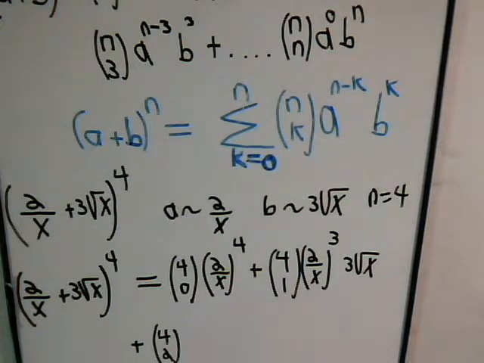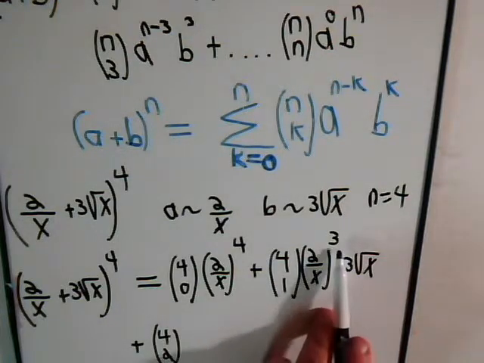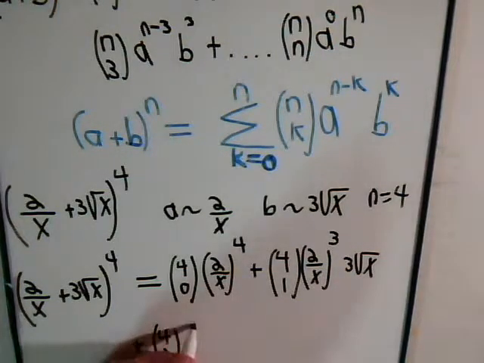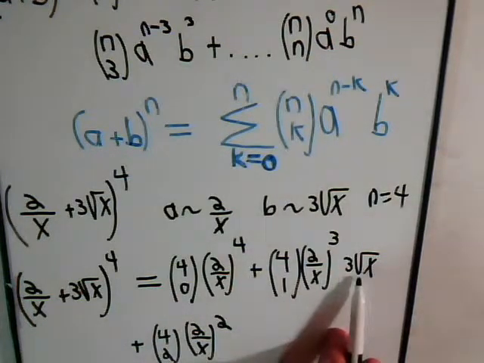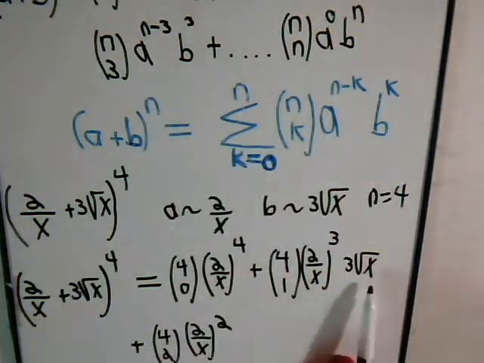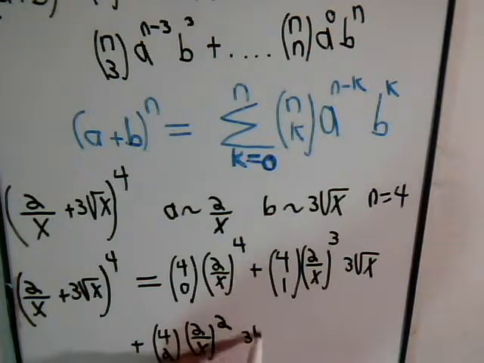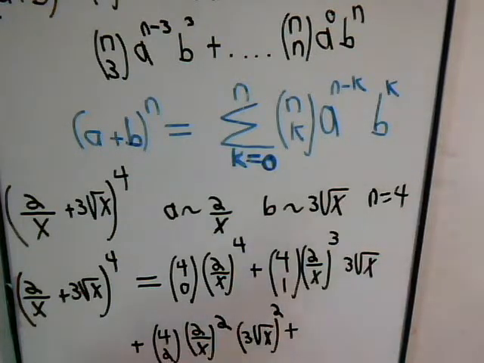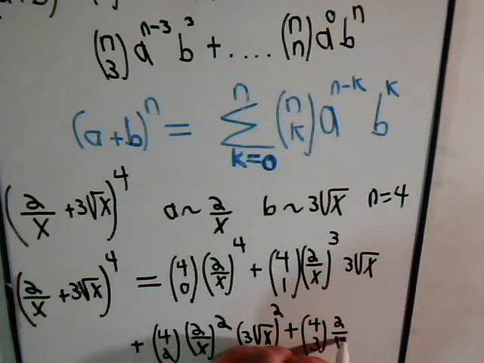That's our next term. Now, the power on this, that exponent, is going to decrease by 1 once again. So that gives us squared, because now k is 2, so 4 minus 2 is 2. K is now 2, so now this is 3 times the square root of x squared. That takes care of that term, plus 4 over 3, this binomial coefficient. Now we're going to have 4 minus 3 is 1, so this is just 2 over x to the 1st power.